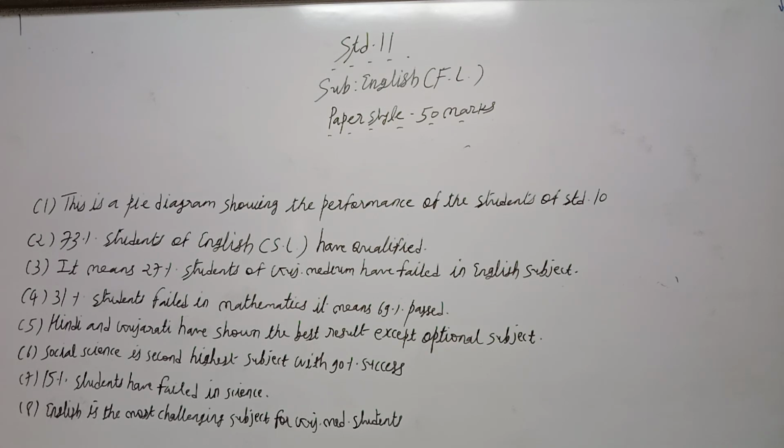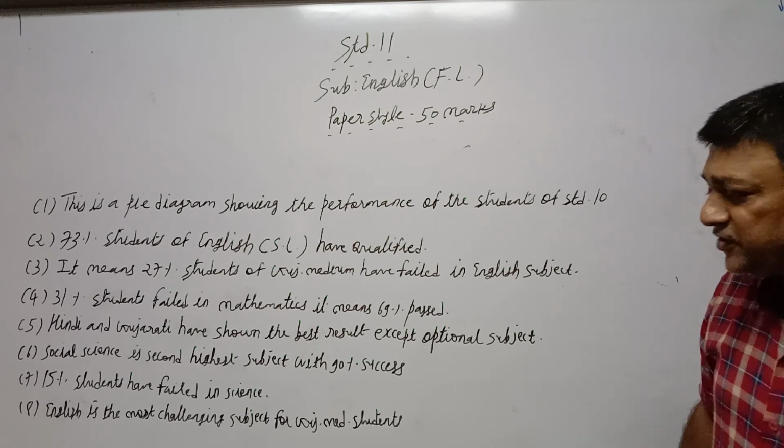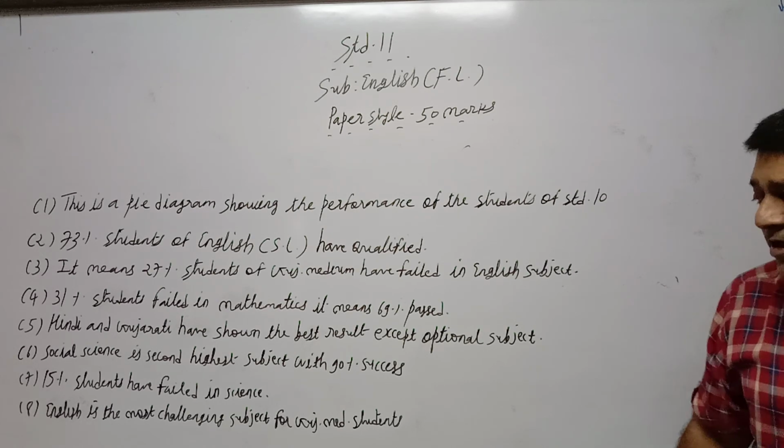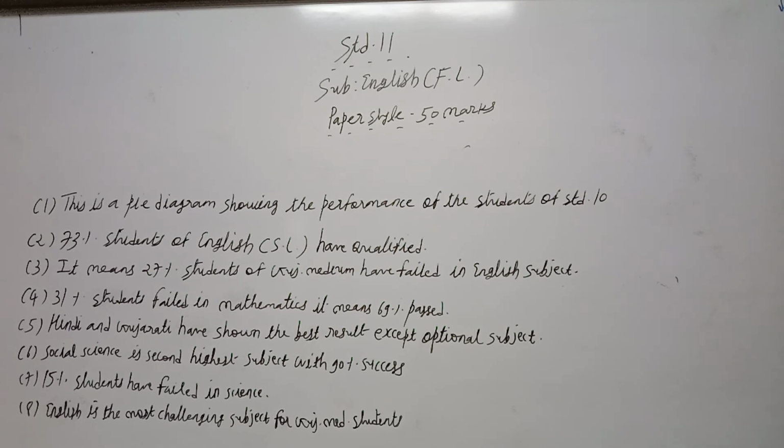It means 69% passed. Hindi and Gujarati have shown the best result except optional subjects. Social science is the second highest subject with 90% success. 15% students have failed in science. English is the most challenging subject for Gujarati medium students. In this way, we have to write 6 or 7 sentences.